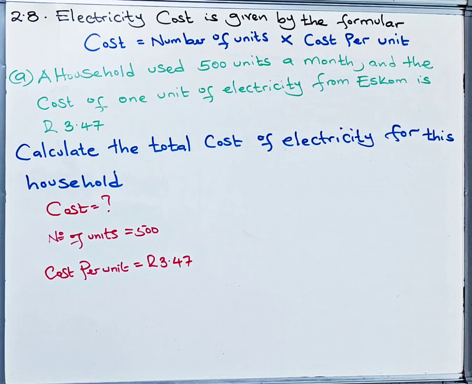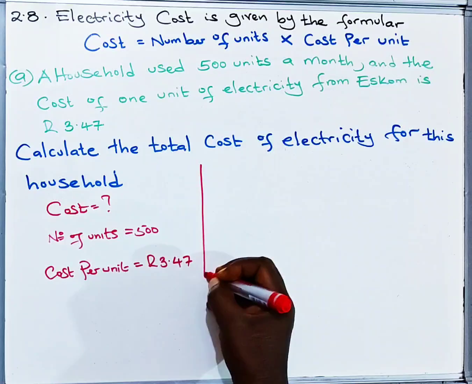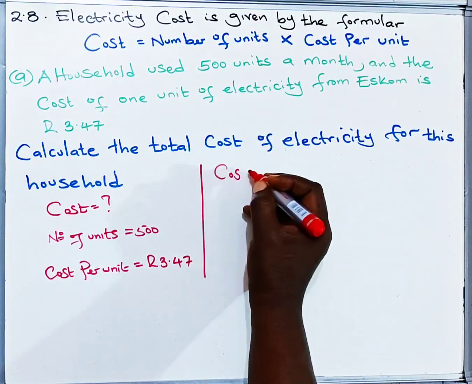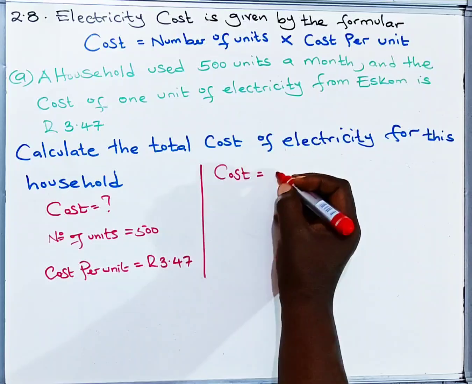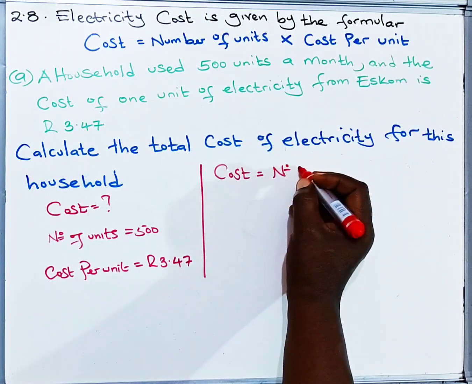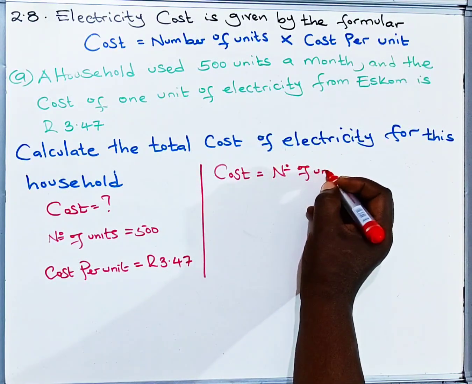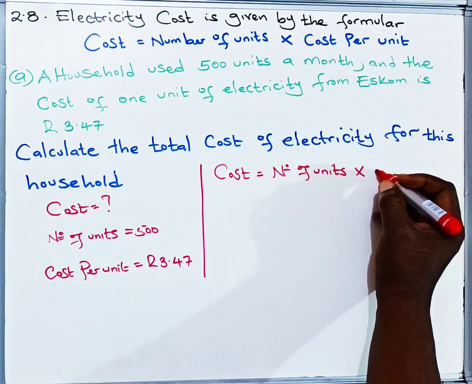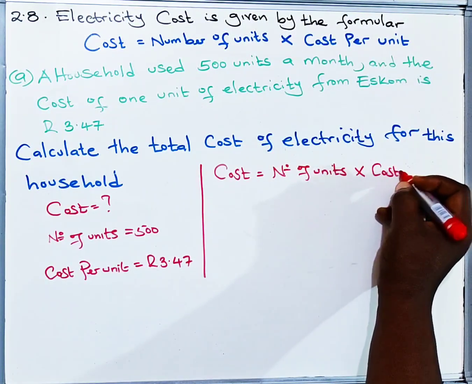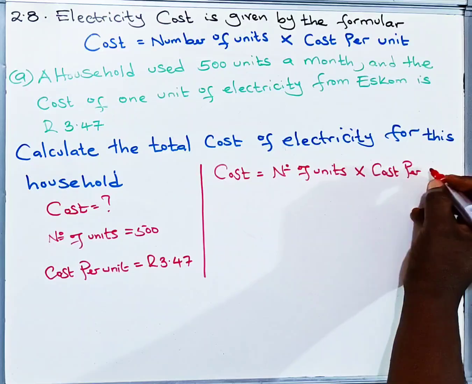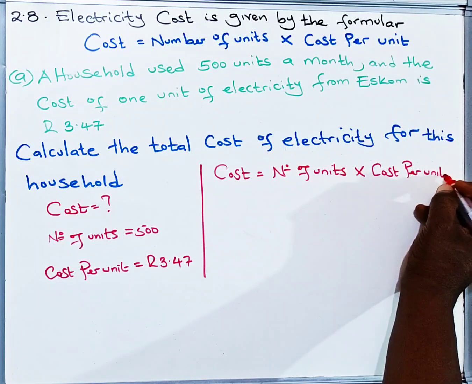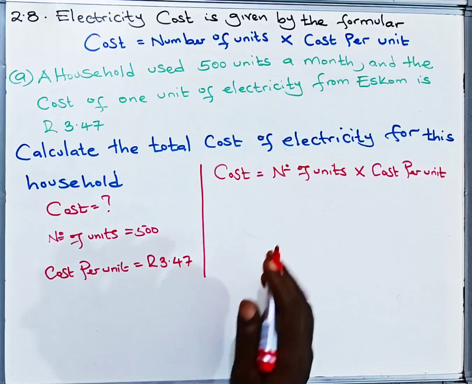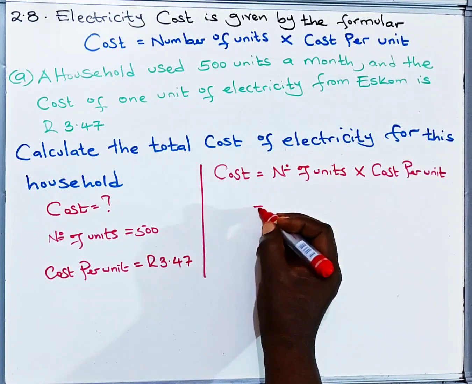So what do we do from here? We quote the formula. The formula says that cost is equal to number of units times cost per unit. And we are looking for cost.